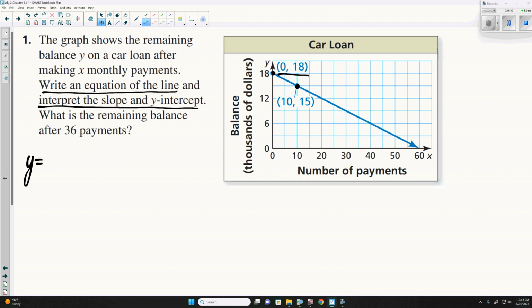We can go straight to our y equals mx plus b, and we know that the b value is 18, because the y-intercept is our b value. It's mainly the y value of the y-intercept, because the x value of the y-intercept will always be 0, and the y value of the x-intercept will always be 0.